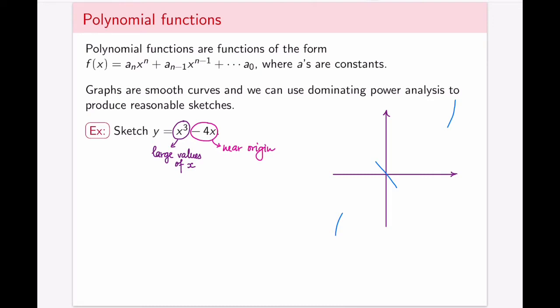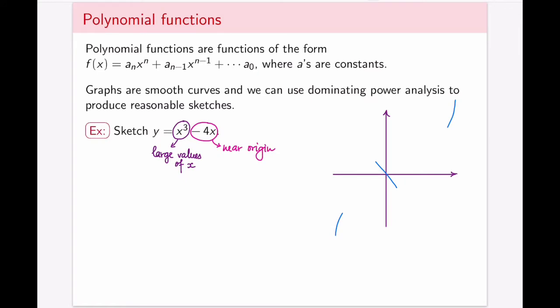Now, I can already likely see what the overall shape of this function will look like by simply realizing that I need to connect all of these three pieces in some smooth, continuous kind of way. So I'd likely start here, go up here in order to be able to follow the line, and then have to cross back out in order to join my end behavior on the other side.